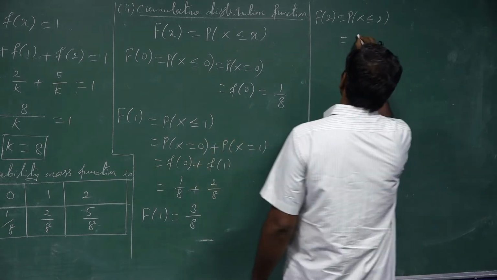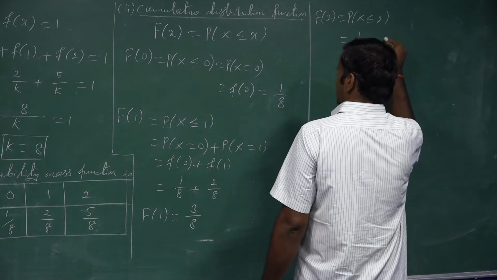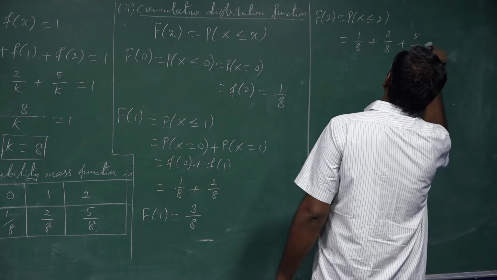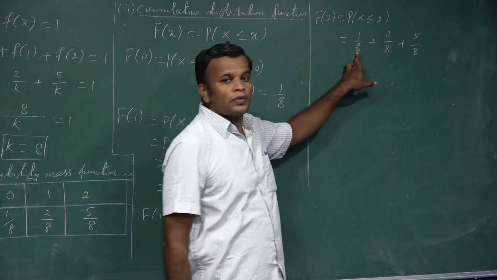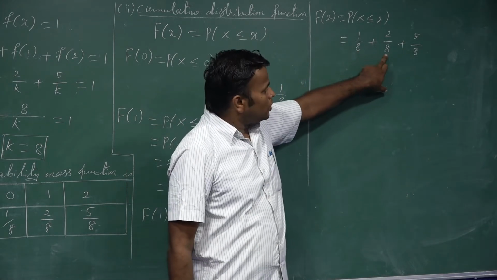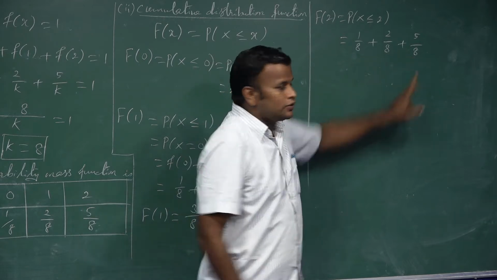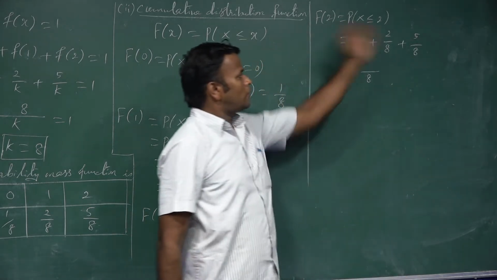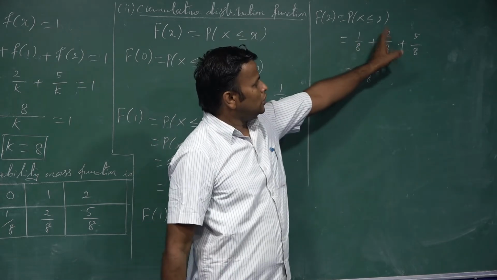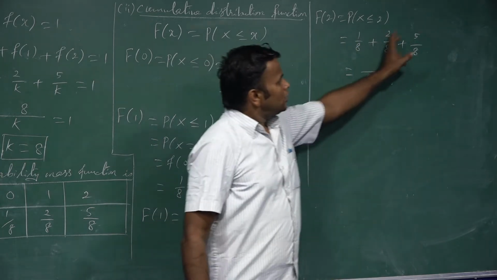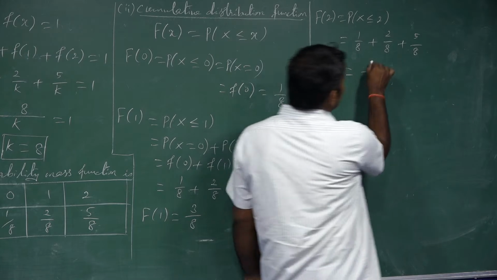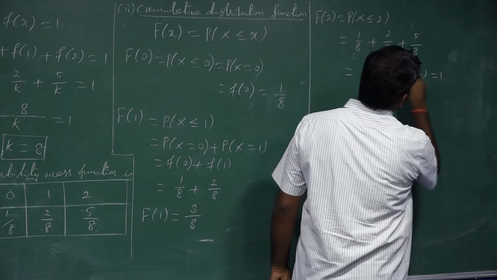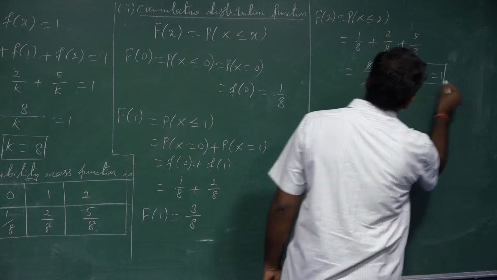We write 1 by 8 plus 2 by 8 plus 5 by 8, that is the f of 0 value, f of 1 value, and f of 2 value, whole divided by 8. Here, in the numerator, 1 plus 2 is 3, 3 plus 5 is 8. So 8 by 8, we cancel, and we get F of 2 value is 1.